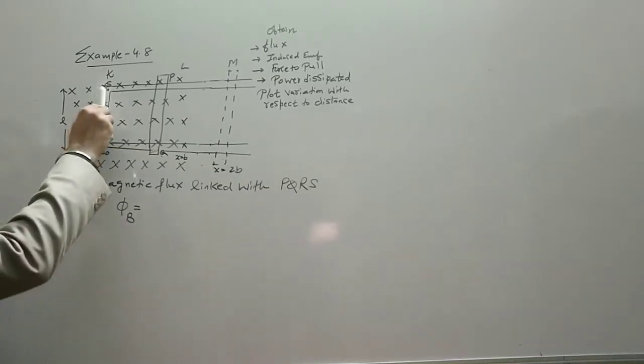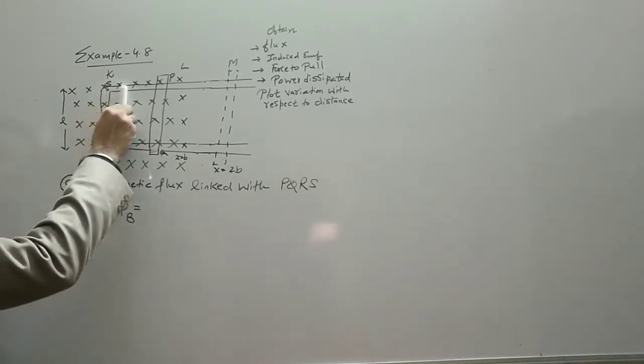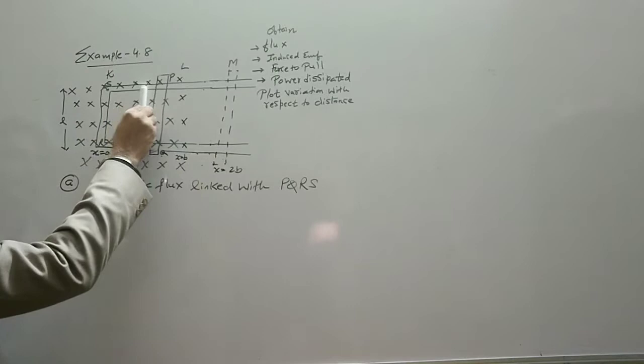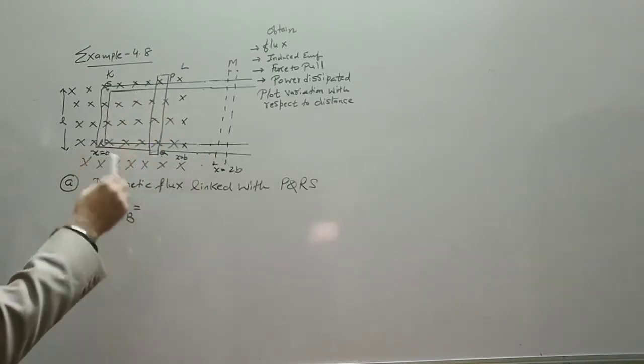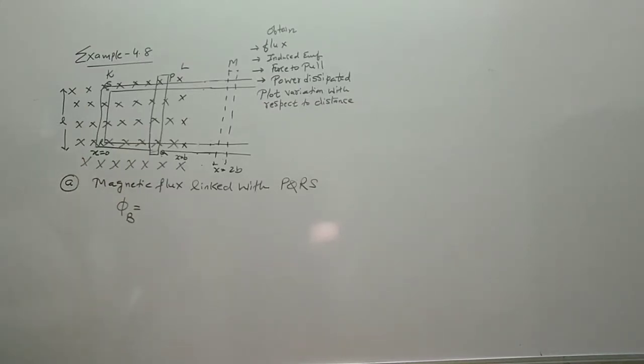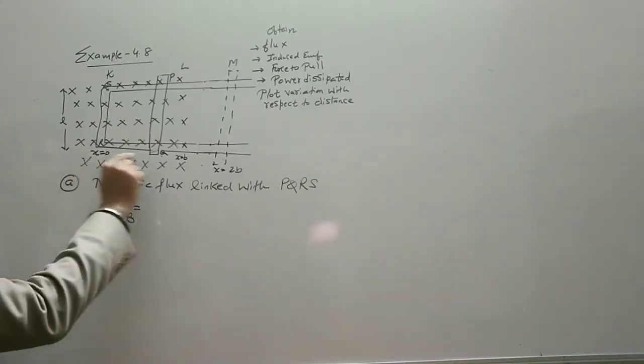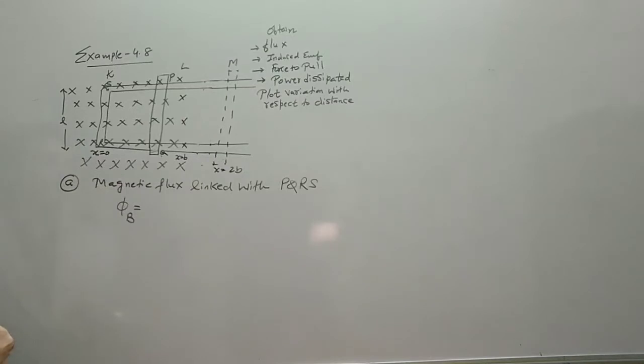But as we start moving, the magnetic field lines increase, as well as the distance also increases. Now this magnetic field exists up to b only.